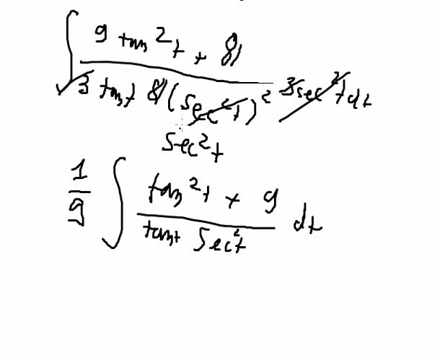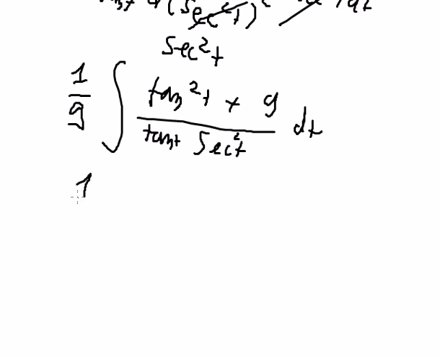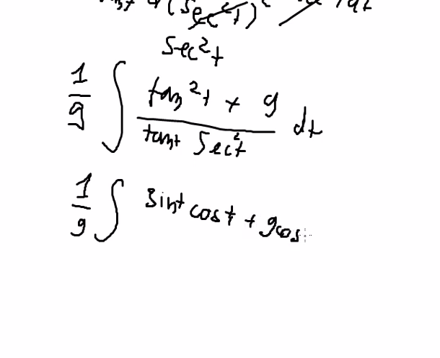So we multiply cosine t to the power of 3 on numerator and denominator. So you got about sine t, cosine t. This one you got about sine t.